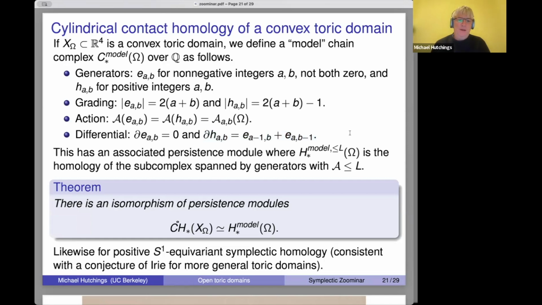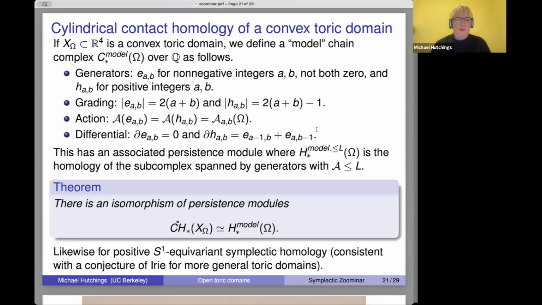And then the theorem is that there's an isomorphism of persistence modules. So the invariant of the toric domain, which is, as Leon had said, in general some kind of generalization of persistence modules, but in this case, it's an actual honest persistence module, and it's isomorphic to the one coming from this model chain complex.